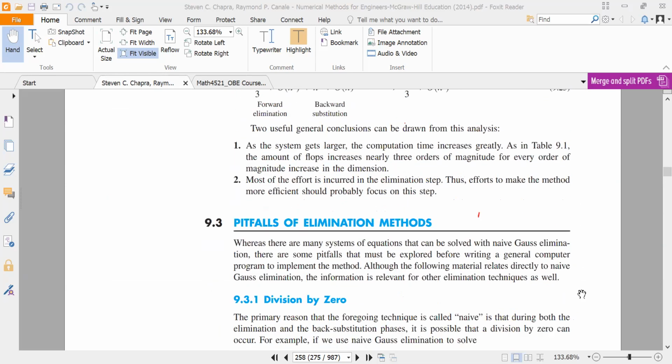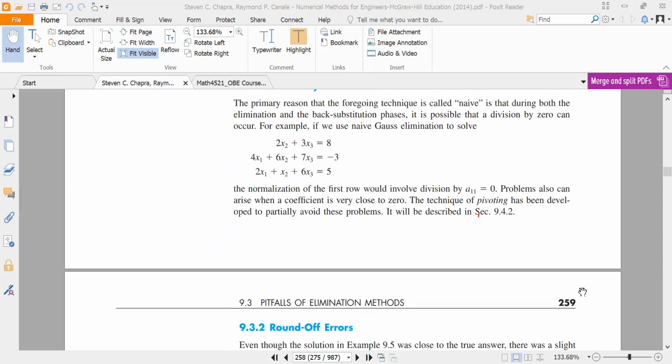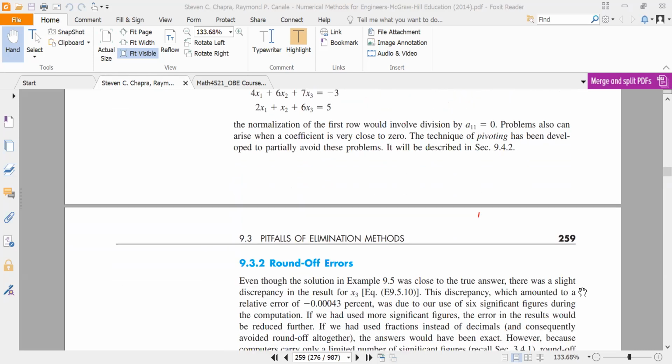Then pitfalls are there. Division by zero I have already discussed. In this case, you have to rearrange the equations so that a non-zero value can be made a pivot and proceed with elimination. Another issue is the round-off error. You know that each computer has a limited capability of representing numbers.